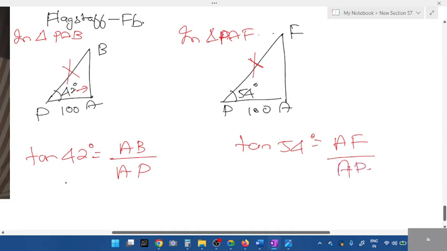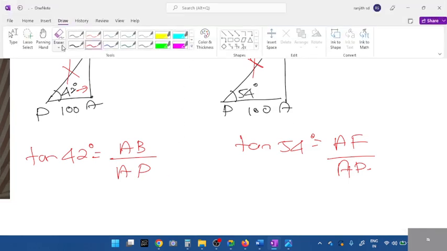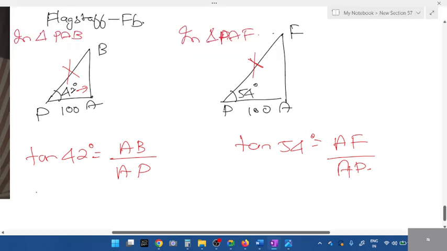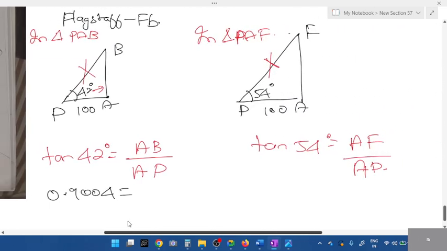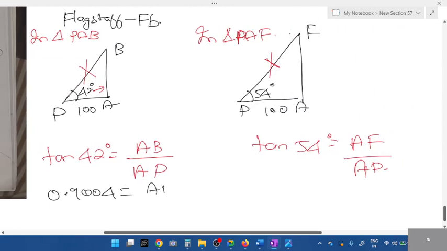So tan 42 degrees. Tell me now, tan 42 is 0.9. Simple question I have given for 5 marks. I made a mistake, 100 gets multiplied.